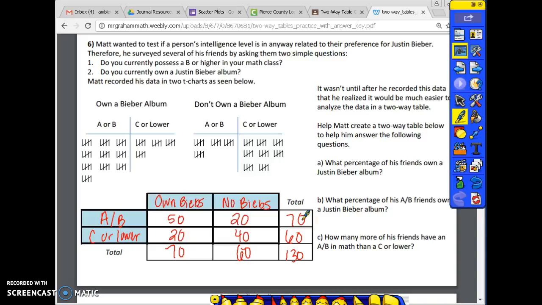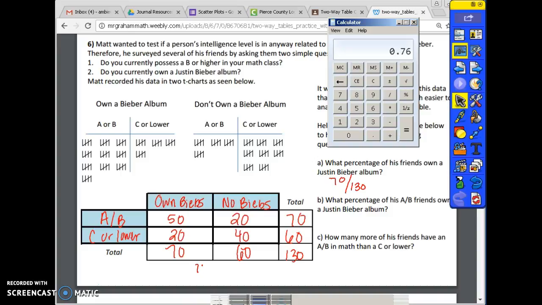So what percentage of his friends own a Justin Bieber album? So you're looking at those that own a Justin Bieber album is 70 out of 130. When we divide that, we get 54%.